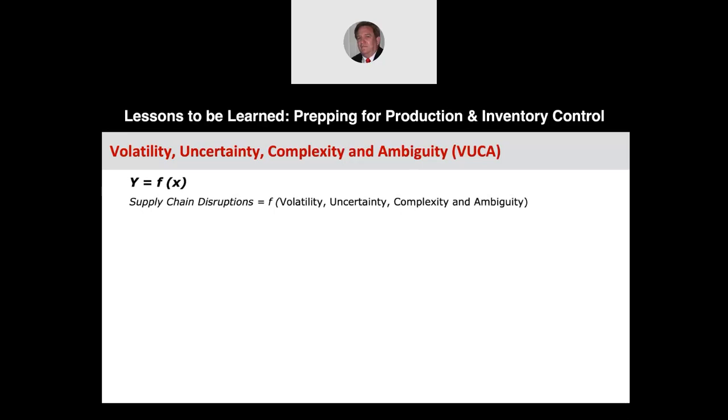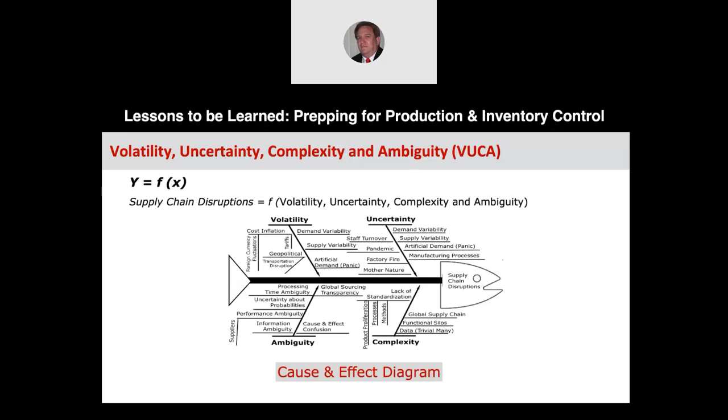So, going back to volatility, uncertainty, complexity, ambiguity, this is Six Sigma terminology. Your issue, in this case supply chain disruption, is going to be a function of volatility, uncertainty, complexity, and ambiguity.